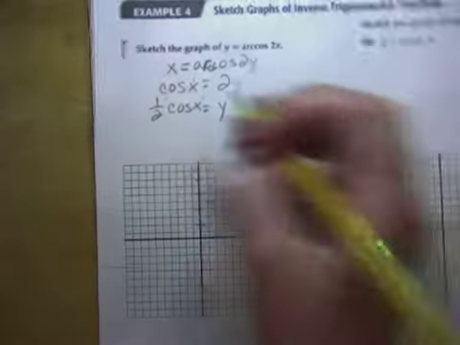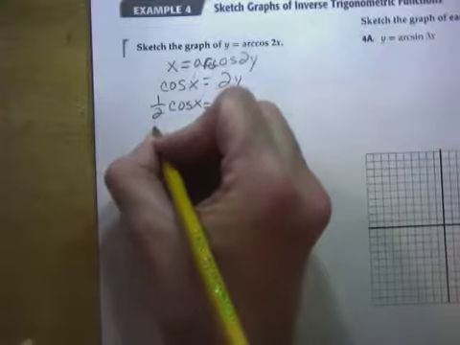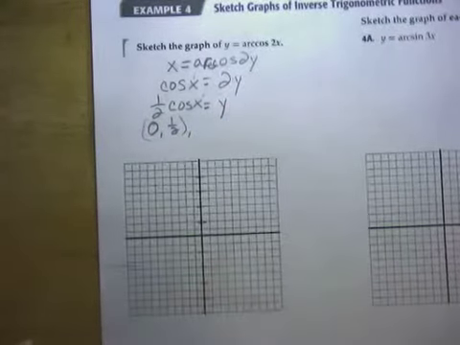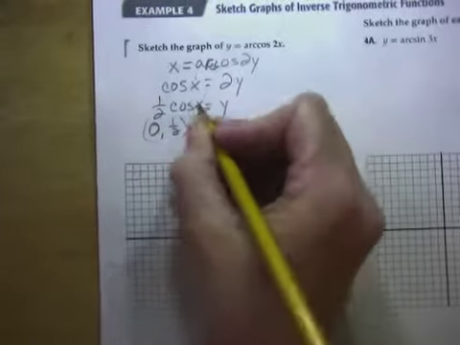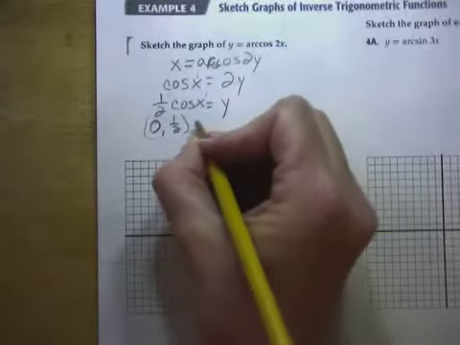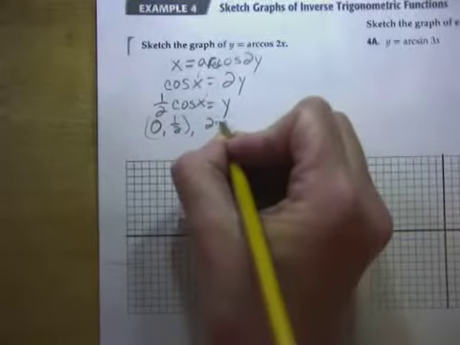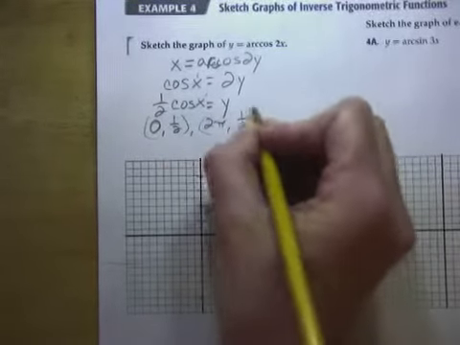Well, what would this graph be passing through? Well, it would go through 0, 1/2. It would have a period of 2 pi, so I know that it would go through 2 pi, 1/2.